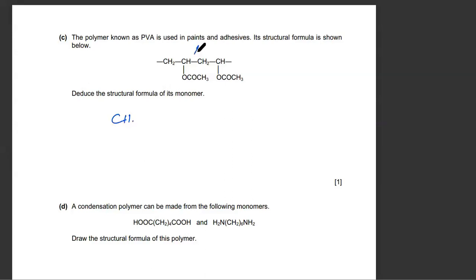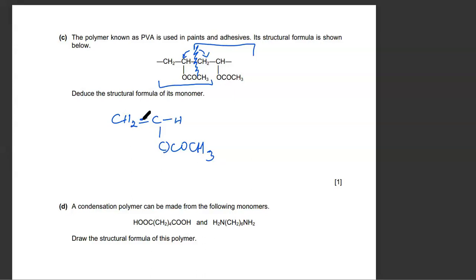So it looks as if we divide this into 2, right? It looks as if reaction took place between this and this, right? So we can see a repeating pattern, something like this. We want to pick one of it, which is a CH2, CH, and the CO, CH3. So basically it means that if this was an addition polymerization, then the double bond would have been here.